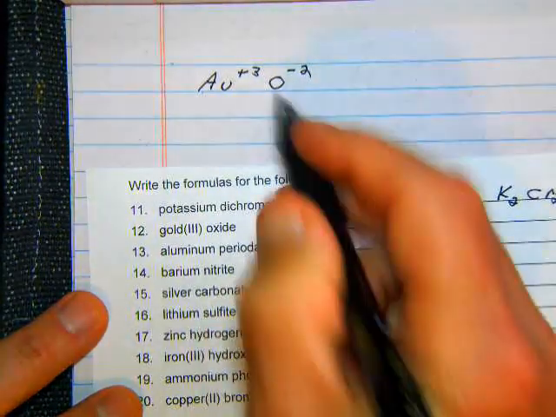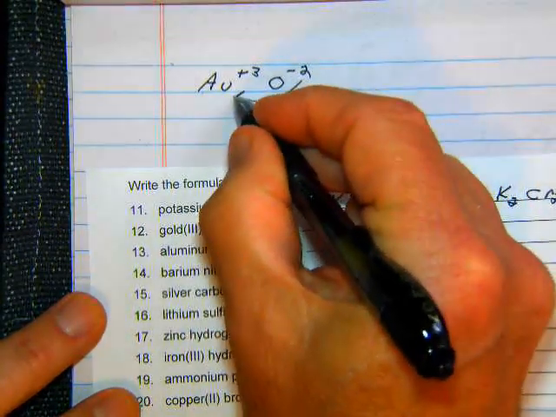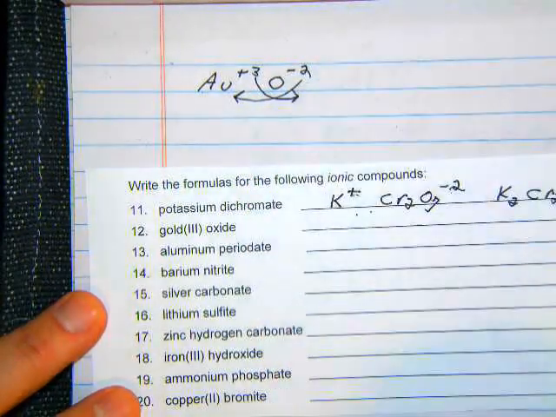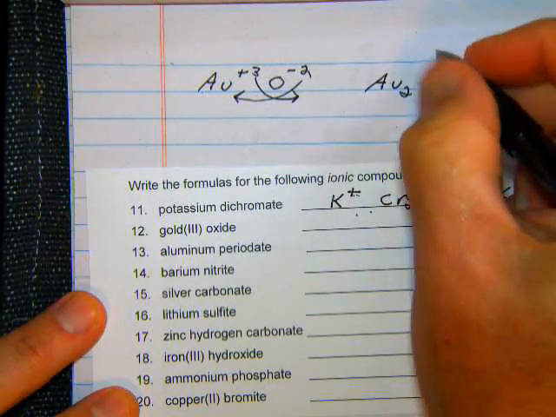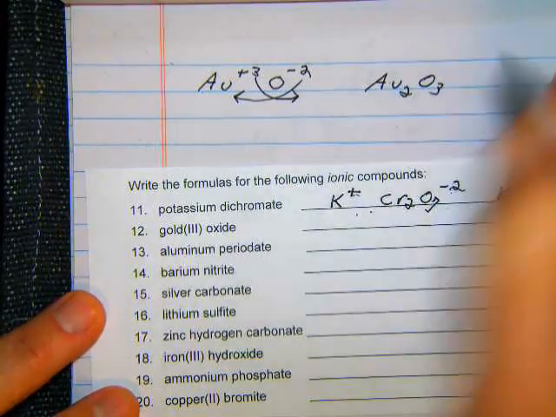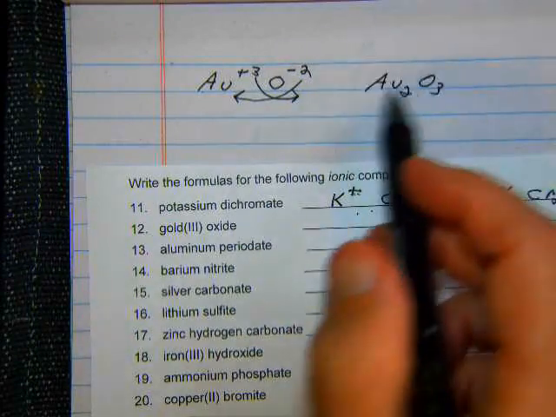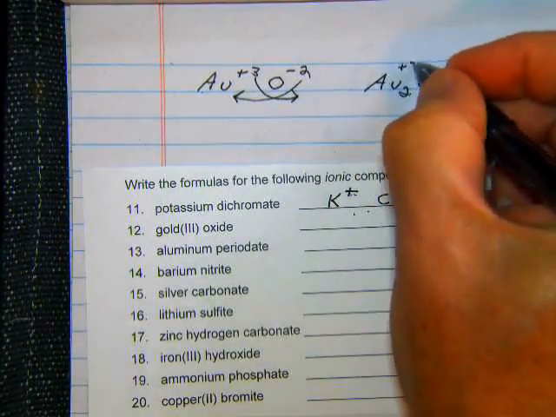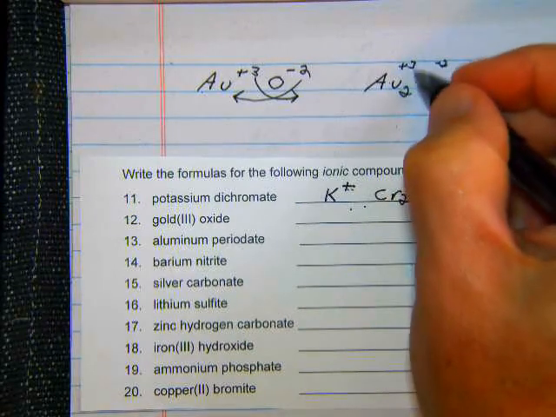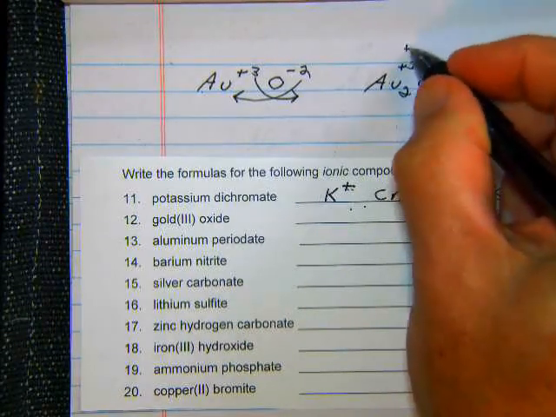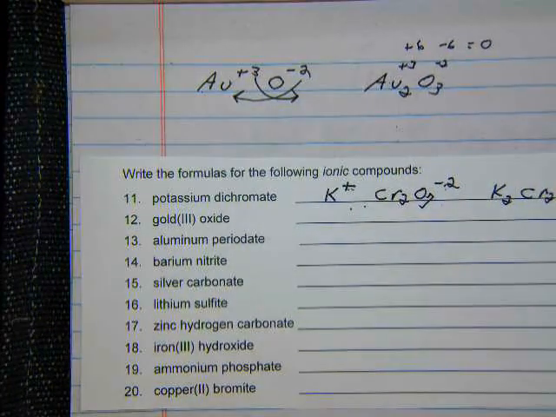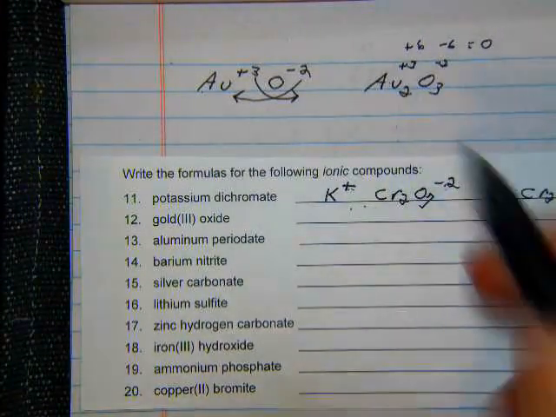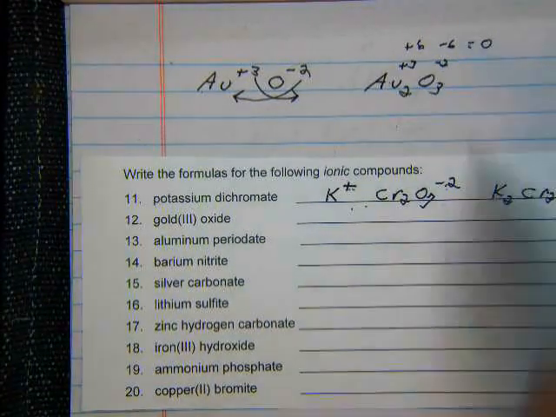So if we swap and drop or crisscross, we have Au2O3. So this would be a +3 charge, this would be a -2. 2 times +3 is +6, and 3 times -2 is -6, so that's going to equal 0, because they have to be electrically neutral. So when you swap and drop, you're just taking the charges and making them the subscripts.